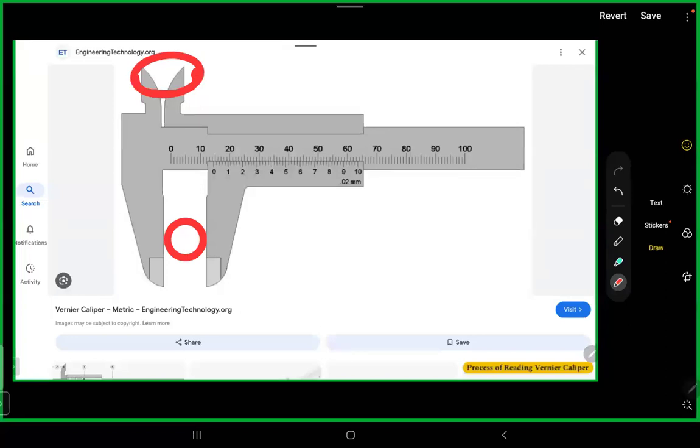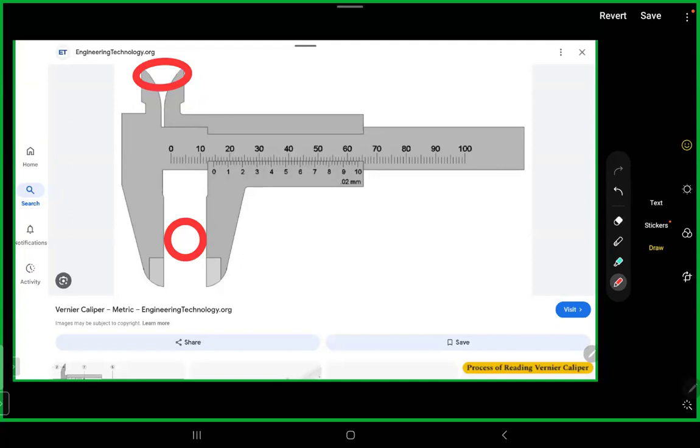I am not drawing it properly. Where is the eraser? Because the inner boundary should come like this. Understood? So it will measure the inner radius, and the lower jaw will measure the outer radius. Understood? Any doubt?